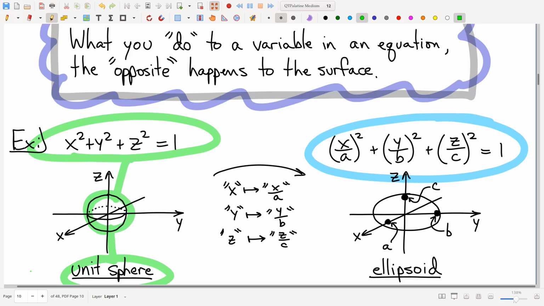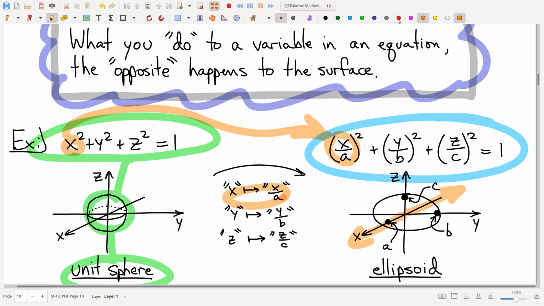And then I can notice that all I did to turn the green equation into the blue equation is fiddle with it in just three easy little ways. Easy to notice that I just replaced my x with x over a, which is just going to stretch by a factor of a in the x direction.